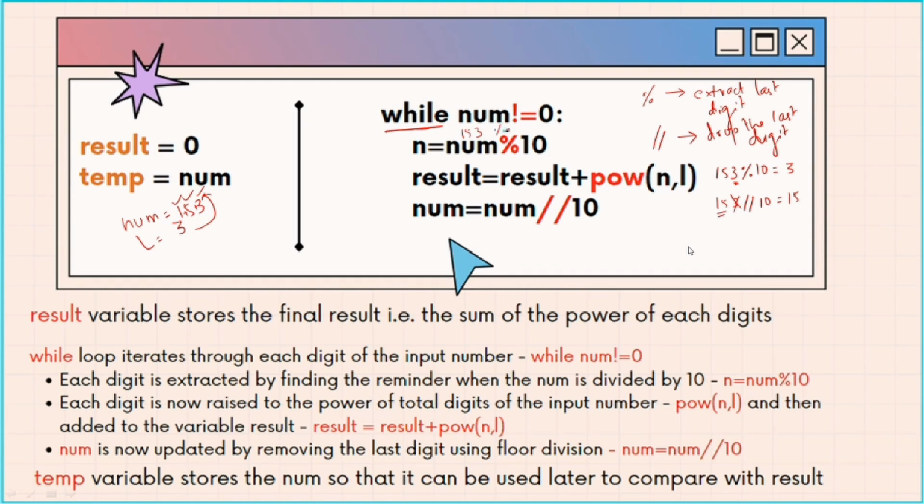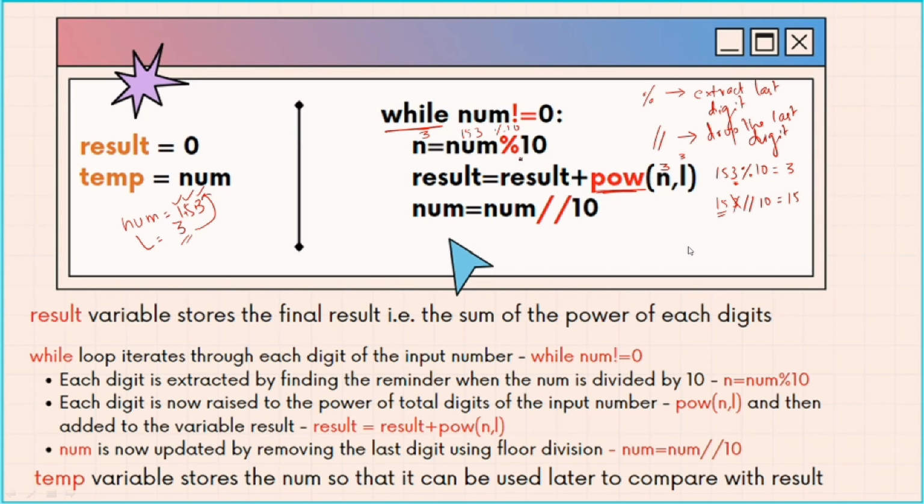When we do mod 10, we will get n equals 3. Then we take this n and raise the power. We raise 3 to the power 3, since we have calculated the length L of the number 153 is 3.